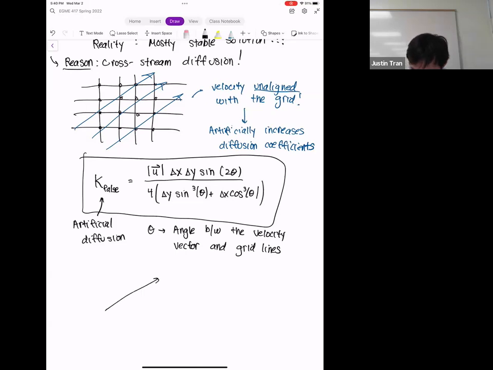And so our velocity vector looks something like this. And so if we were to take the angle between that and one of the grid lines, and so let's take the horizontal grid lines, in our case, if you have a vector that looks like that, you'd have theta equal to 45 degrees.